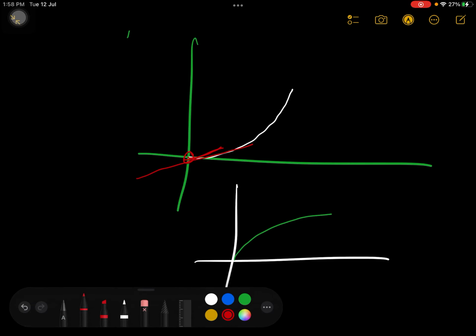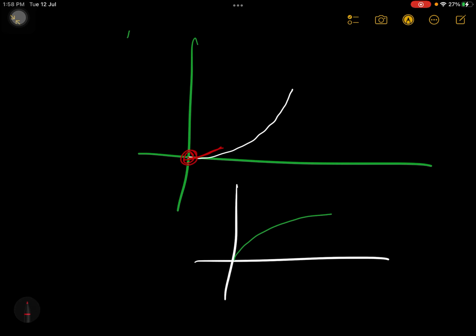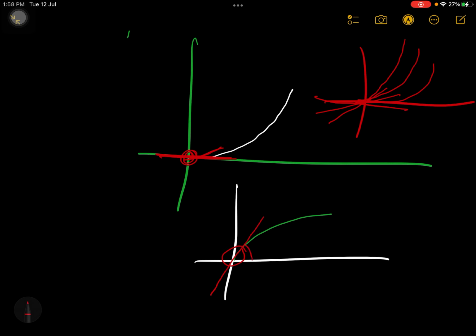Your curve may give you 0 slope here, no problem, but you can see here you have almost 0 slope. It depends on the curve. Your curve may touch like this, then you will draw the slope like this. But in this case, you already got some slope. Or maybe if the curve is like this, then this slope.